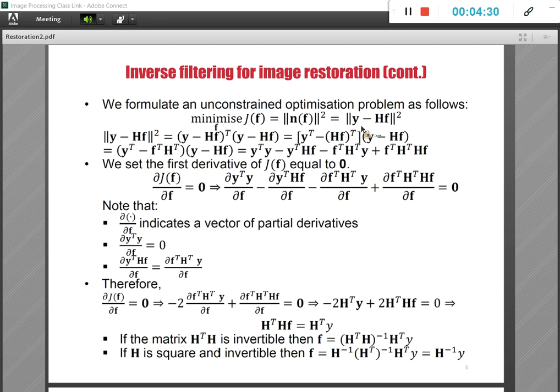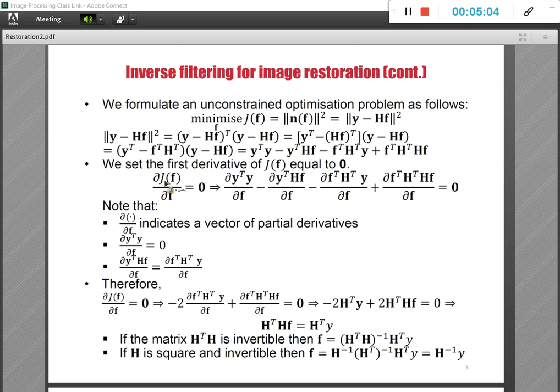That means y is Hf plus n, so y minus Hf means n. This is the norm of n. We are minimizing this, and for minimizing or maximizing, we should go to this form: the partial derivative of J with respect to f is 0. This is for an extremum, minimum or maximum point.